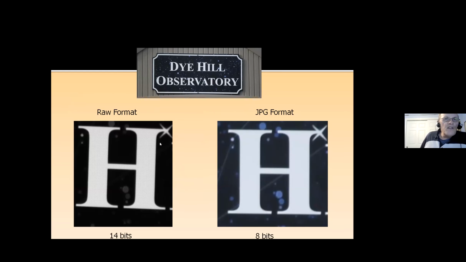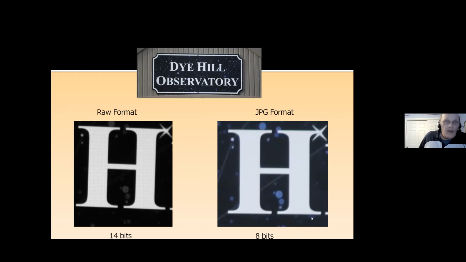You'll notice that the edges especially are very crisp compared to the JPEG format. It's a lot softer. For my camera in the RAW format, it's saving 14 bits uncompressed. But with the JPEG format, it comes down to 8 bits. So you're going to lose something.